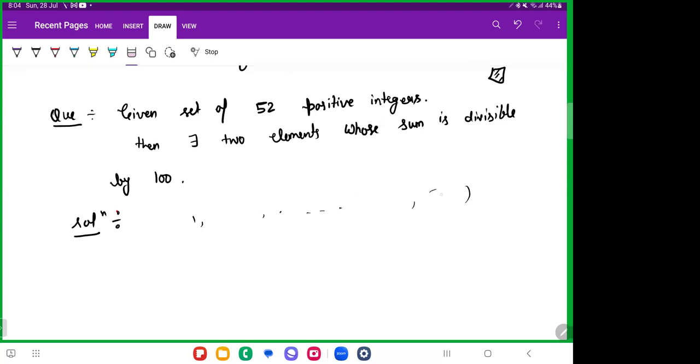Anyone else? These 52 integers are arbitrary. They can be anything. So anyone?